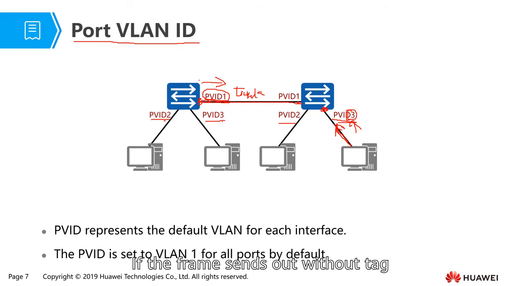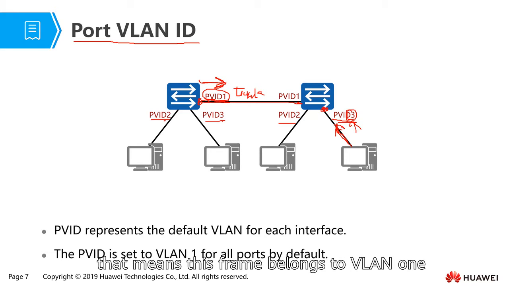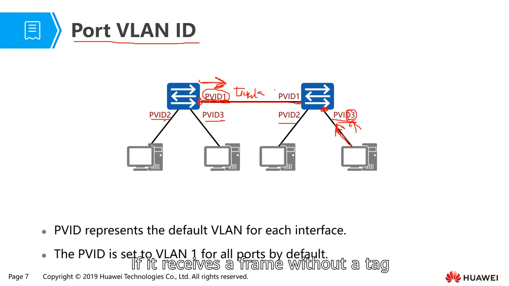If a frame is sent out without a tag, that means this frame belongs to VLAN 1. And if a frame is received without a tag, that frame is put into VLAN 1. This is the concept of port VLAN ID.